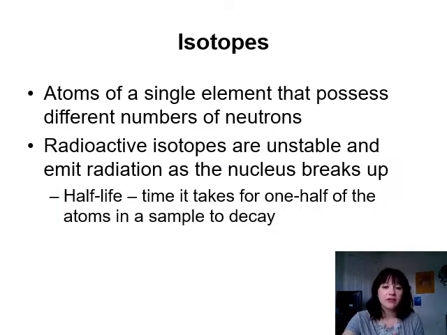So again, isotopes are based on the number of neutrons and protons, and one element can have multiple isotopes, right? These isotopes are unstable and they are breaking apart. And so they use something called the half-life, which is the time it takes for 1/2 of the atoms in that sample to decay from one isotope type to another.